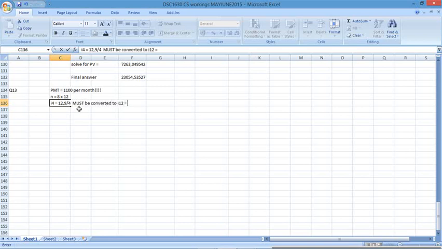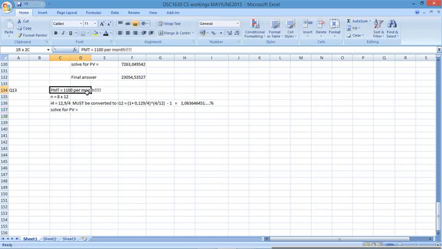We did a conversion earlier, so I'm just going to write down the equation for you. So 1 plus... and then solve for present value.